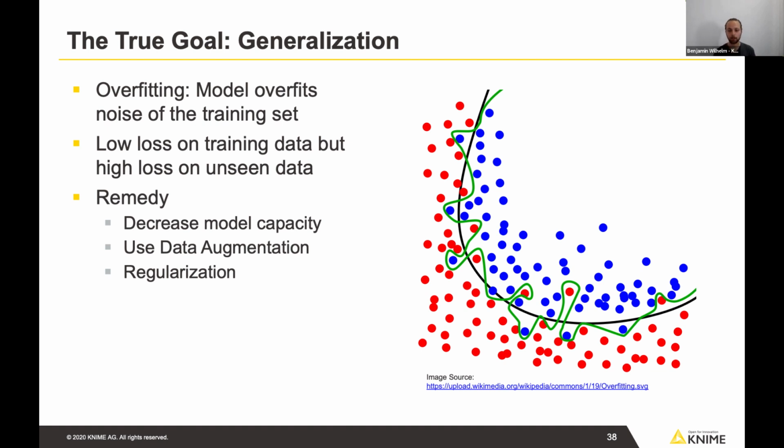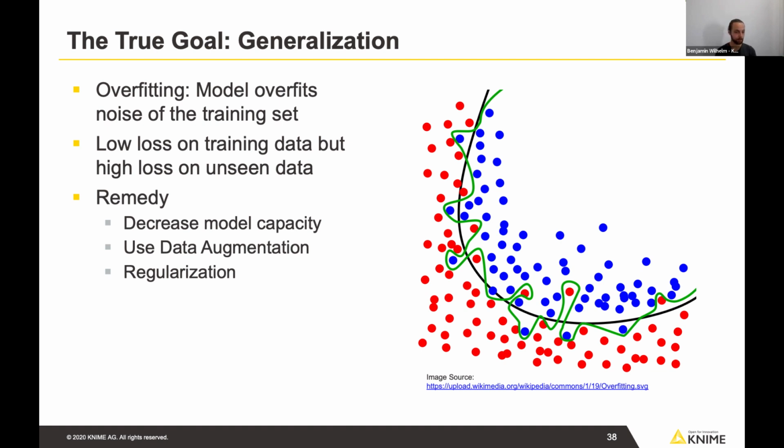The green line perfectly separates the blue and the red dots, but it's not a very good classifier, because it does not generalize on the task. You can see that overfitting is happening if the loss is low on the training data, so it works very well on the training data, but it does not work on new unseen data, the test data.